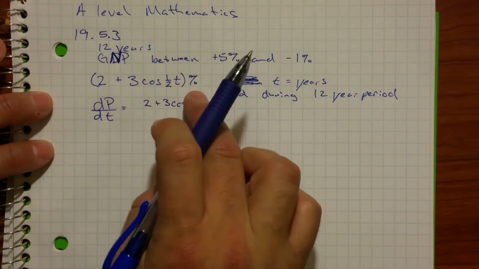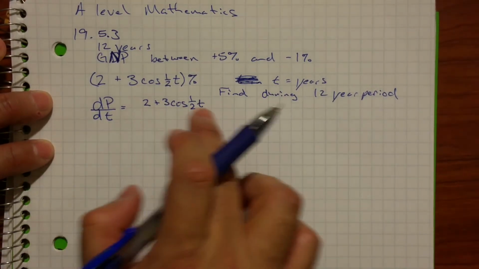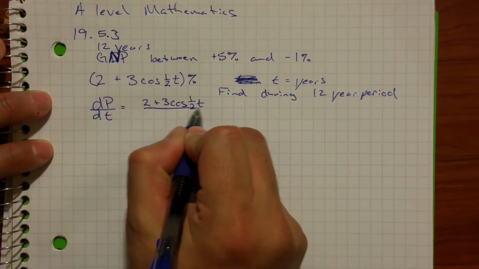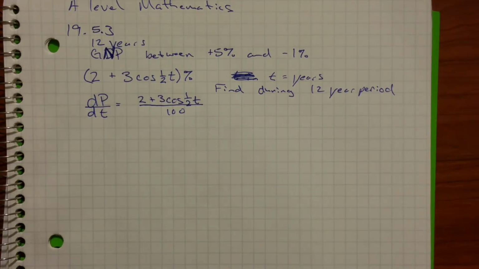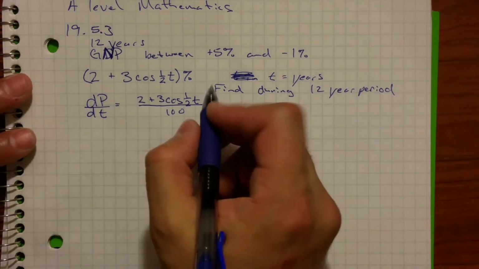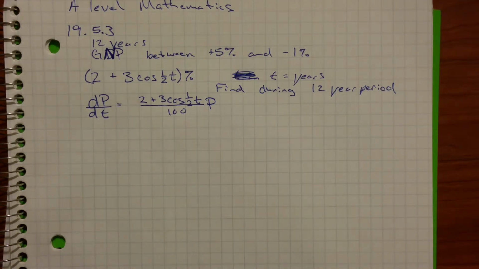Now, if it's in percent, let's change it out of percent so I can actually do this one here. Out of percent is going to give me out of 100, because percent is always written out of 100. So I'm changing it from the percent to an actual fraction here, and I'm going to have times whatever my P is here. So P is going to be my constant variable that I have here.